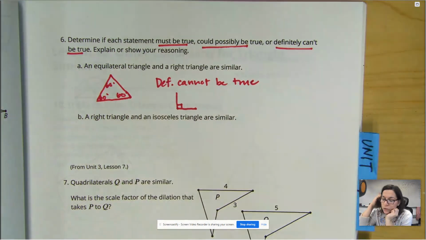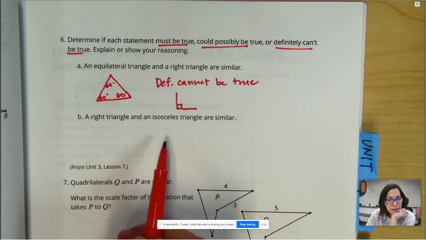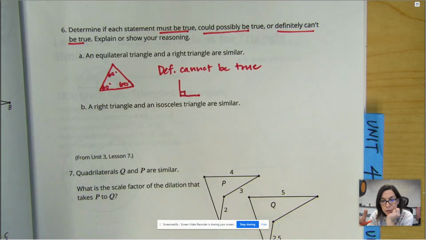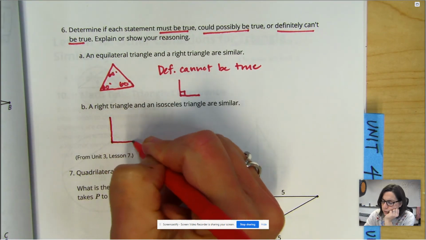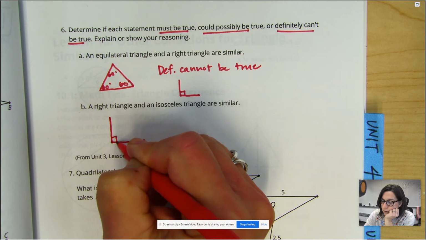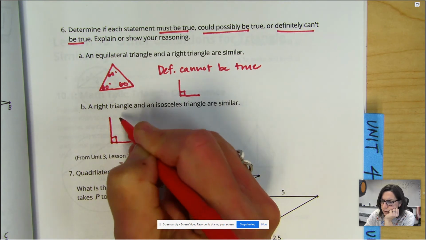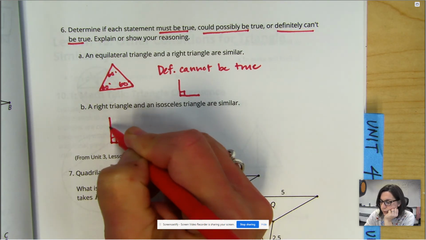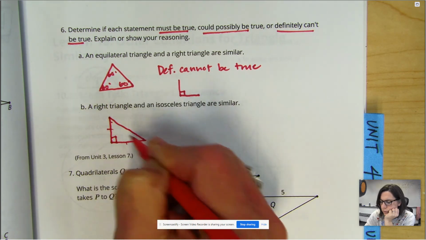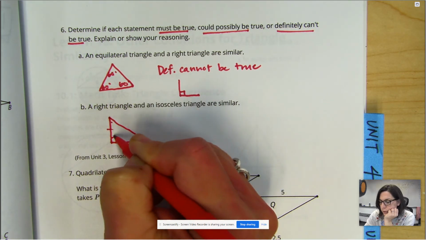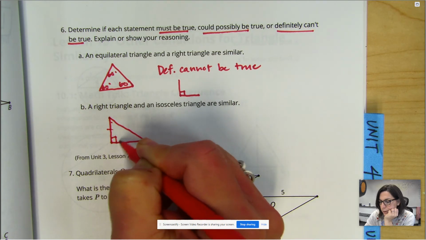Okay. Could you have a right triangle and an isosceles be similar? Okay, remember we need two angles the same. So could I draw a right triangle? I can't have two 90s and a third, but could I have these two equal each other? Yeah, so if you have 90 degrees here, there'd be 90 left over.